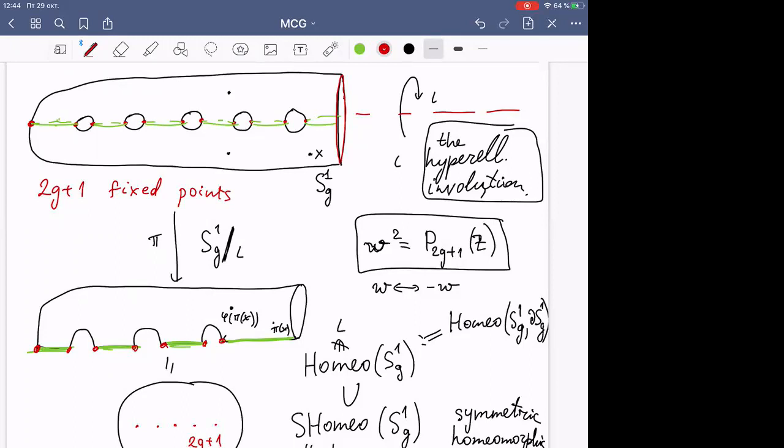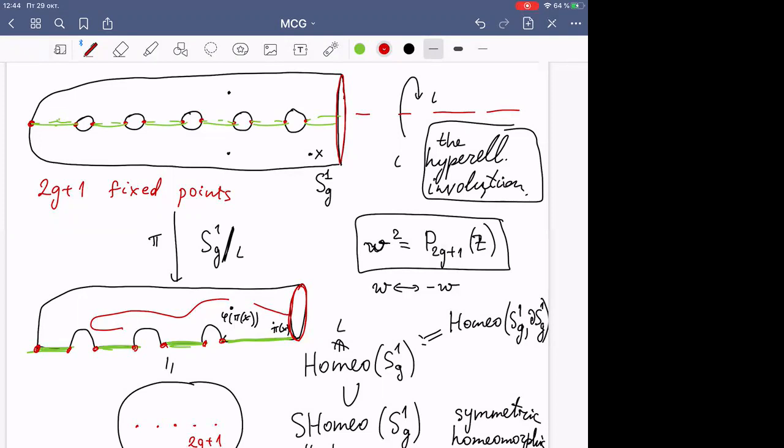So on the boundary, we have already picked one of the 2 points. Now we may travel along this surface, and well, okay, this is the usual lifting property for the covering.